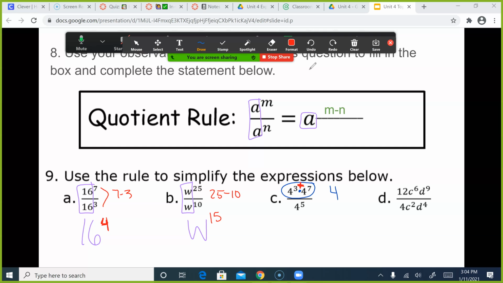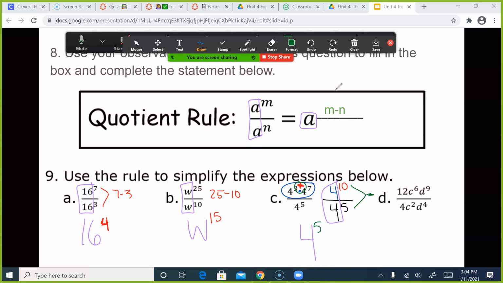So I'm going to add 3 and 7 and get 10, and then combine that with 4 to the 5th. Okay, so just like we did for A and B, now the bases are the same, 4s, and I subtract 10 minus 5, which is just 5. And if I ask for work, I mean, this is work right here. You just tell me plus, adding, subtracting, whatever you're doing.